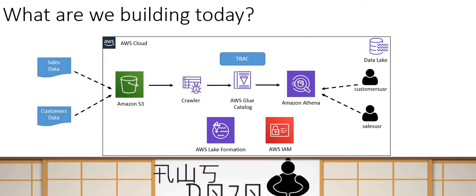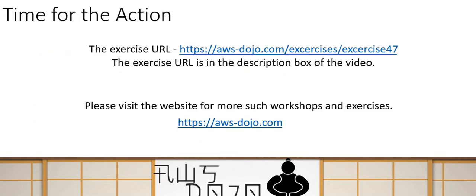We are simply going to use that data lake, but when we created the whole workshop last time, it was resource-based access control. Now we are going to use that workshop, but the change will be that this time we will use tag-based access control.